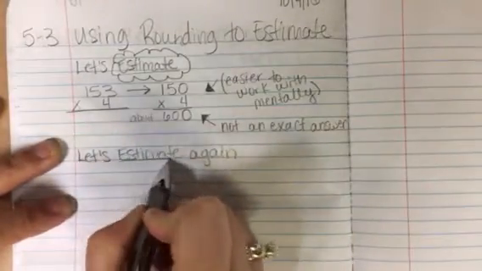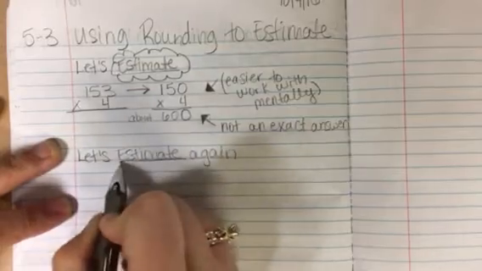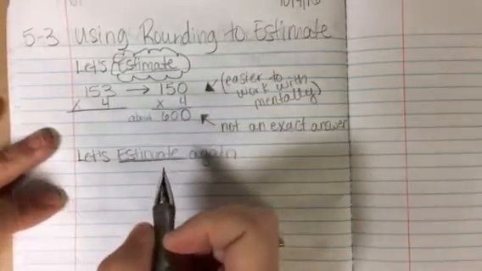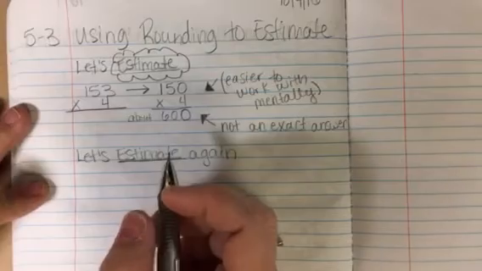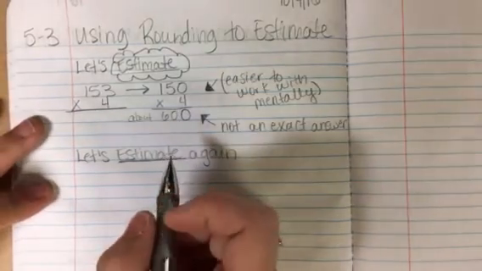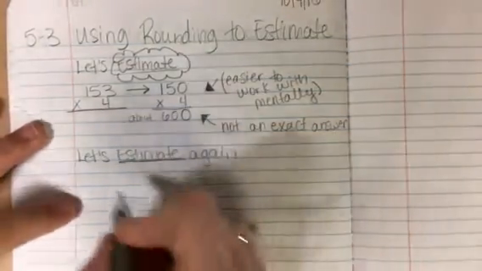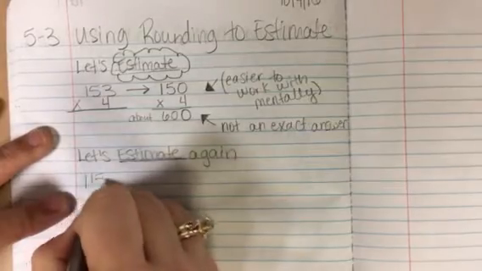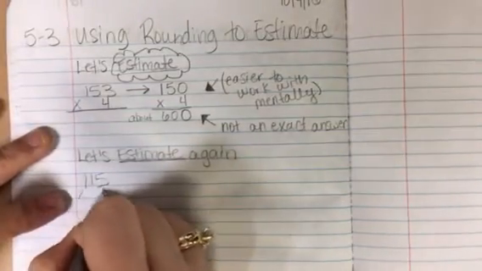Okay, again, we are estimating, so at this point we should be aware that if we are estimating, that means that we are going to have to be rounding one, if not both of our numbers. Okay, in this situation, we're going to be working with 115 times 3.